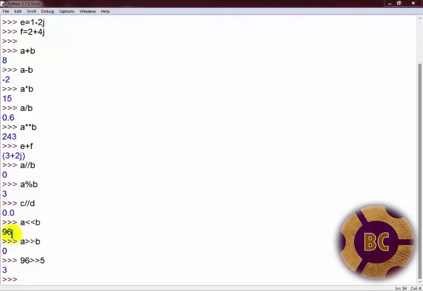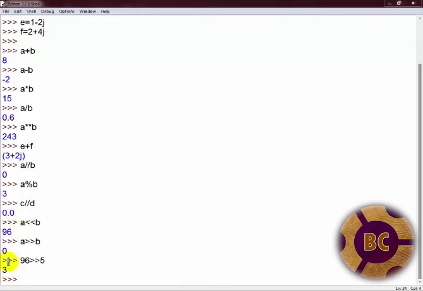Look at this example and this example. A shifted to right by B places gives us 96. And because this is the opposite of this instruction, the result will give us 3.